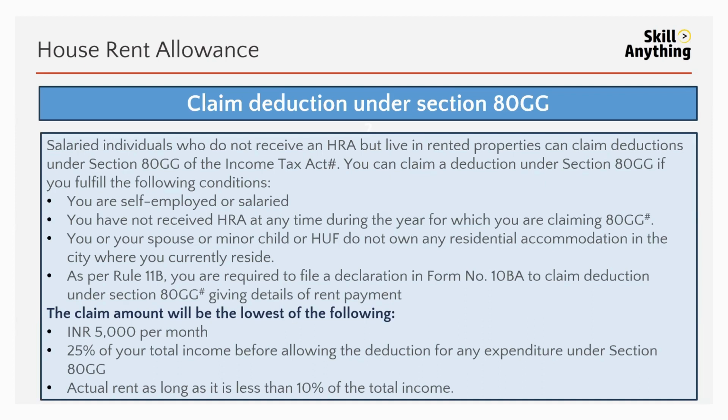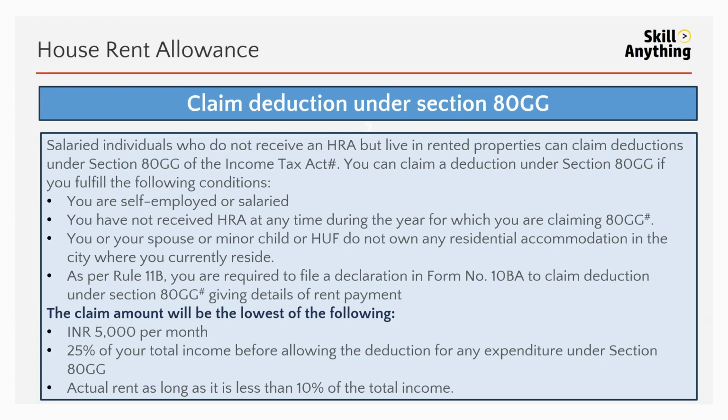For example, in 2022, you are working in a company from April. You work there for 3 months and they provide you HRA. After 3 months, you switch to another company, company B, and they do not provide you HRA.